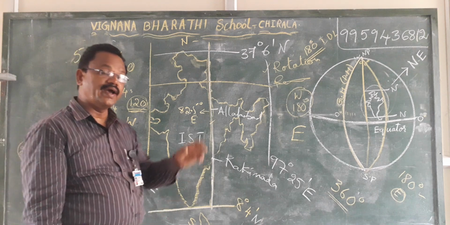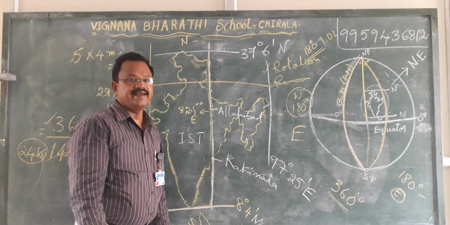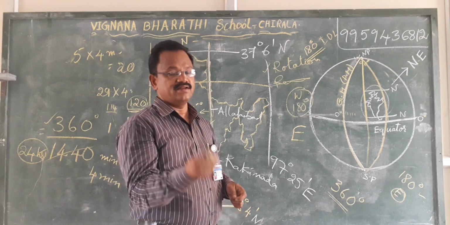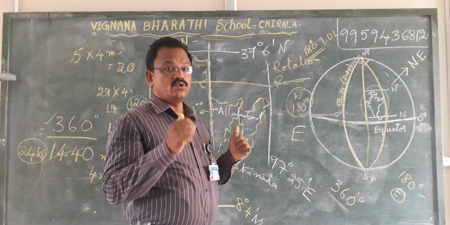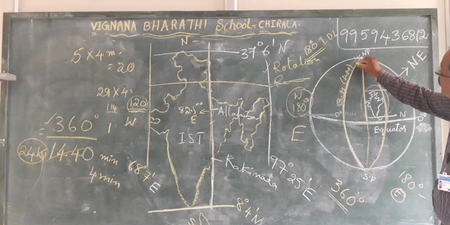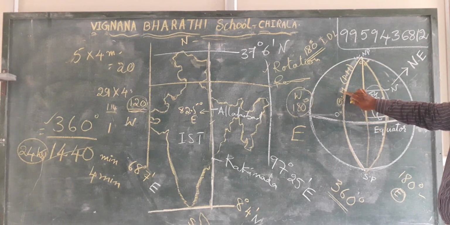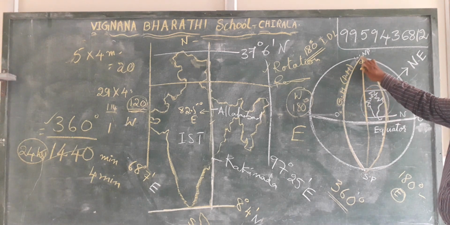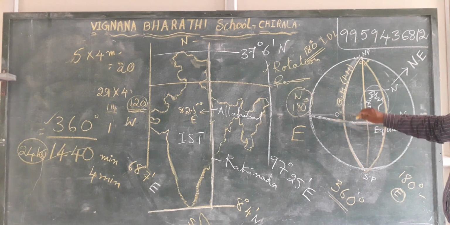Now we are going to find the time difference from the prime meridian, which passes through London, to our Indian Standard Time. Here you see the prime meridian, which I taught in the previous class. GM or PM, the Greenwich meridian or prime meridian, passes through London in Europe.